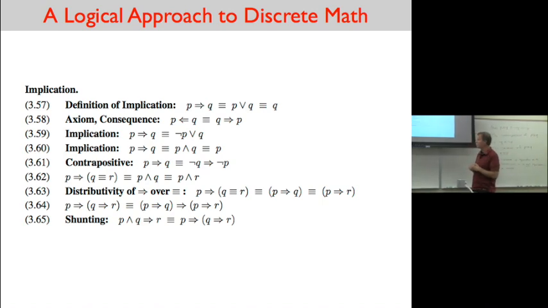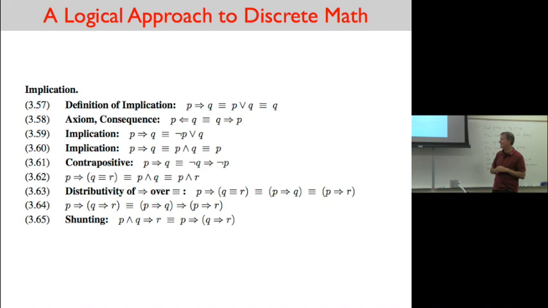And the next one is shunting. This is another one that you're going to prove for next time. Here you go. This one's on the homework assignment. 3.65. You'll be proving that. Shunting. Actually, how are you going to comment about 3.64 and 3.65?